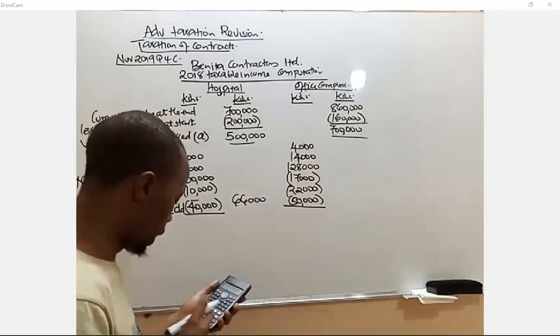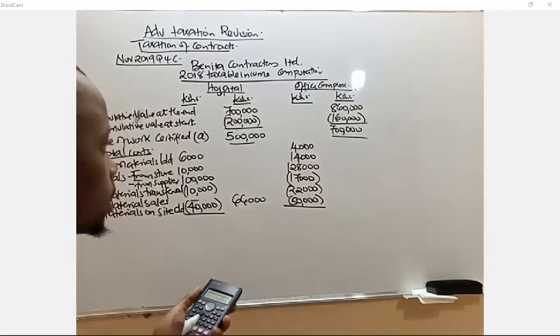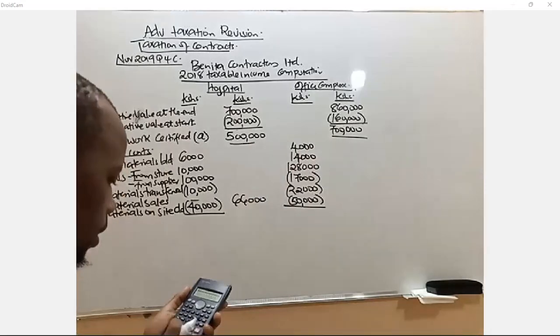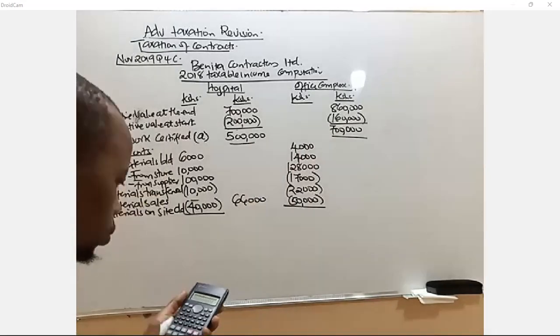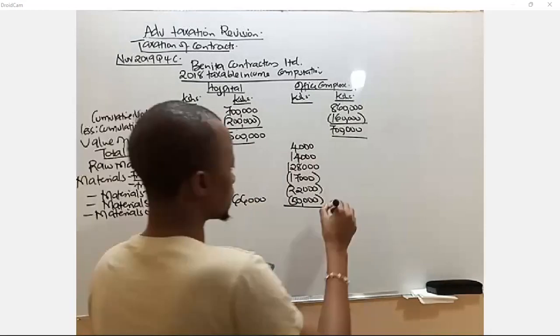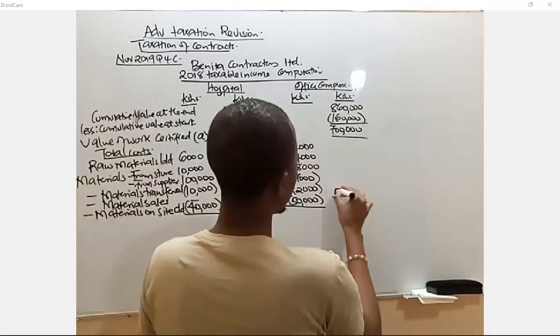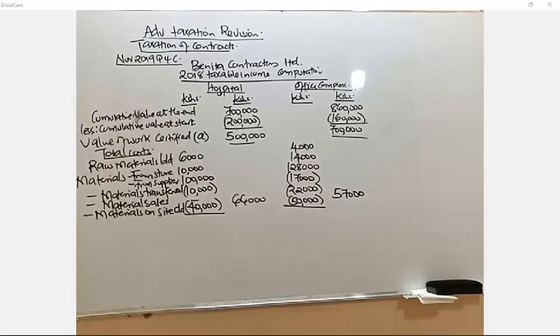Then on the other side, we have 4,000 plus 14,000 plus 128,000 minus 17,000 minus 22,000 minus 50,000, getting 57,000. Okay, when you finish up with the materials, let's look at the openings. The second one is accrued salaries and wages.